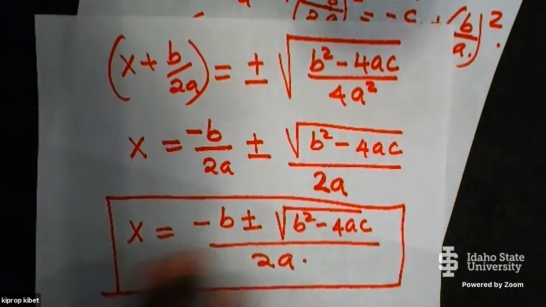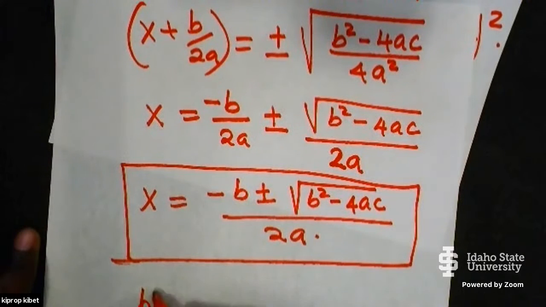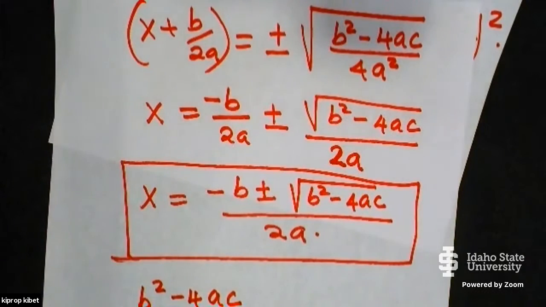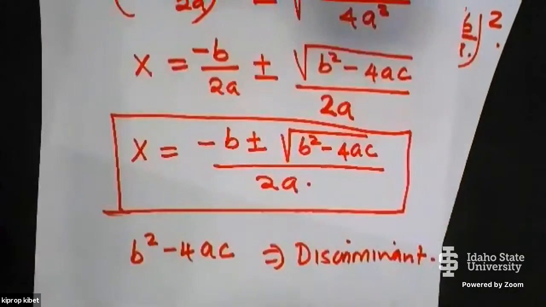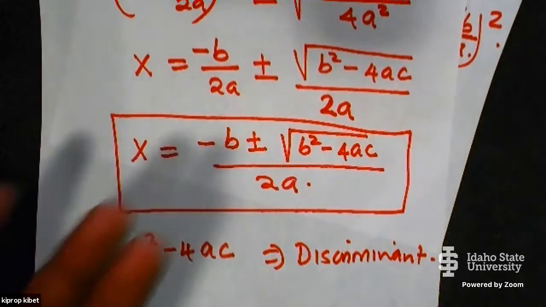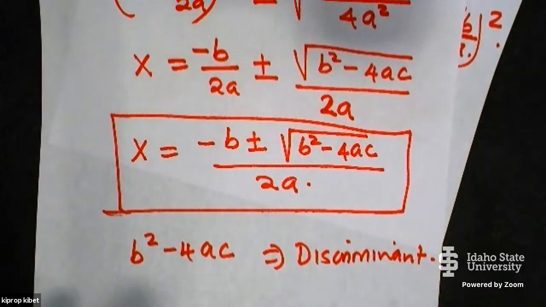Now, in this formula, we have b squared minus 4ac, which is what we call the discriminant. It determines what kind of solutions we are going to get from the quadratic equation.